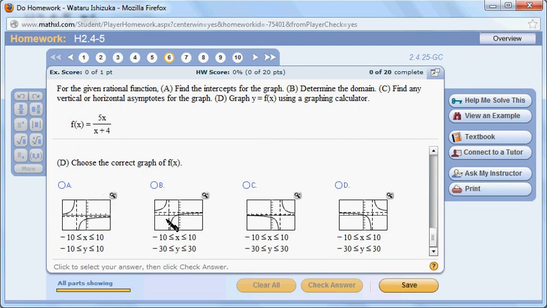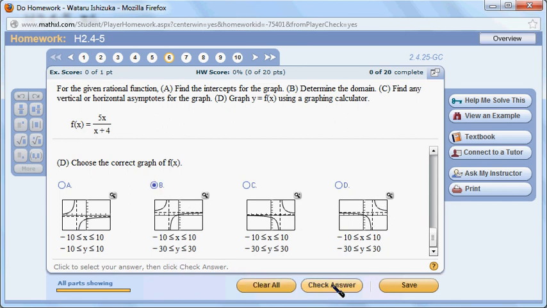This one has the vertical asymptote in the right place, and its horizontal asymptote is in the right place too. Yeah, it looks like 5 there. So this is promising. Let's look at this one. This one is definitely not right because the vertical asymptote is on the positive side. So it seems like this is the only one.